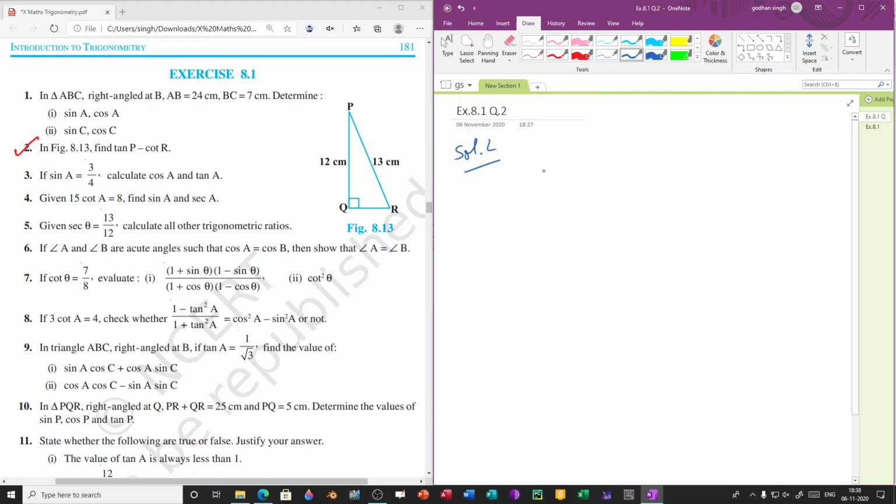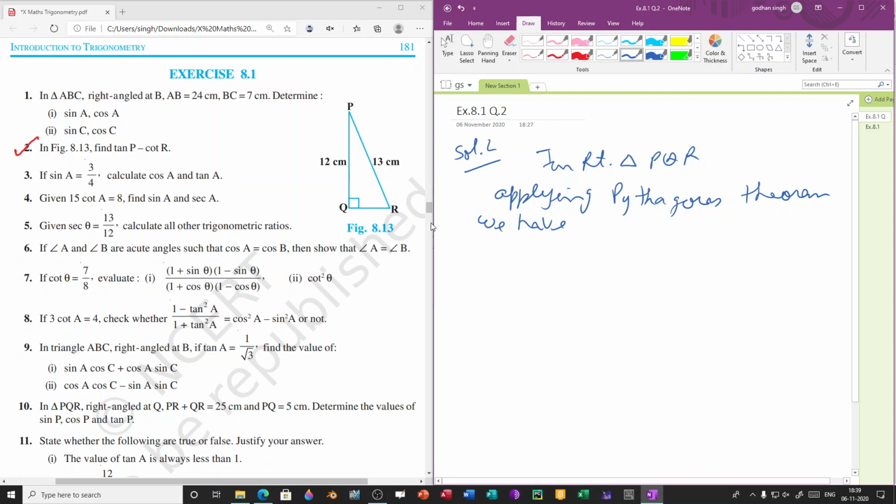So solving question number 2 now. First of all, we will find QR. In right triangle PQR, applying Pythagoras theorem, we have, now opposite to 90 degrees is always the hypotenuse, so we can write PR square is equal to PQ square plus QR square.